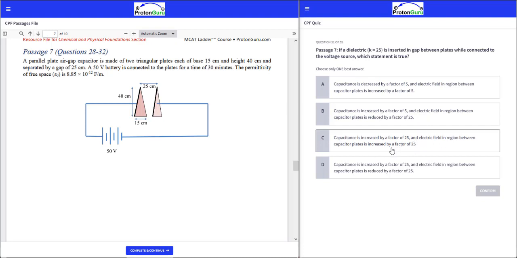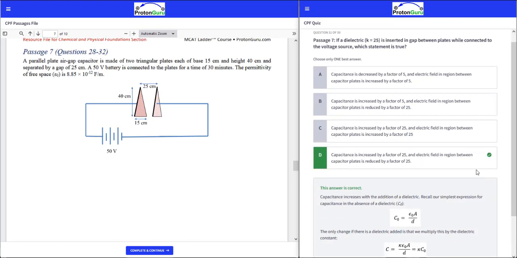Now the capacitance is actually inversely related to the electric field between the two plates. We learned this in our MCAT physics course. So one of these suggests the electric field increases, one suggests the electric field decreases, so we just figured out that the capacitance does increase, so the electric field in that region has to be reduced proportionally. So choice D would be the correct answer in this case.